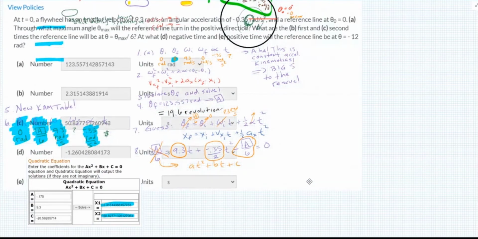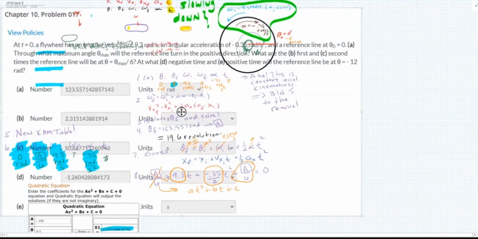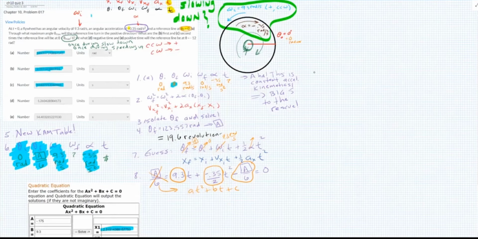Yeah, negative 12 radians. So this is just a job for another 6-column kinematics table. Step 9. I'm going to do it again. Theta initial, theta final, omega initial, omega final, alpha, and T.